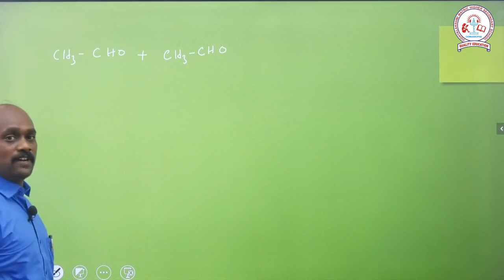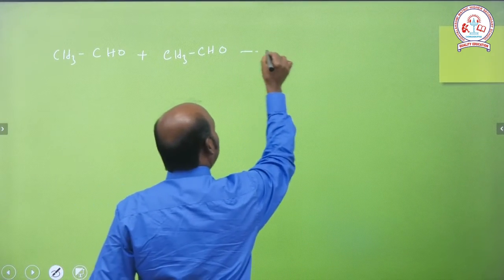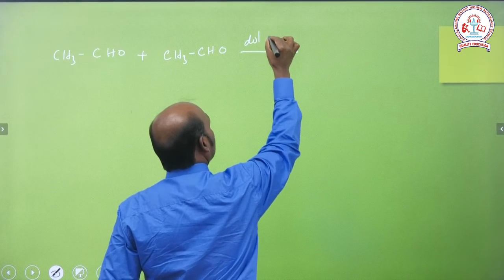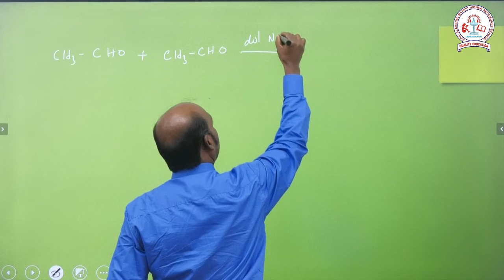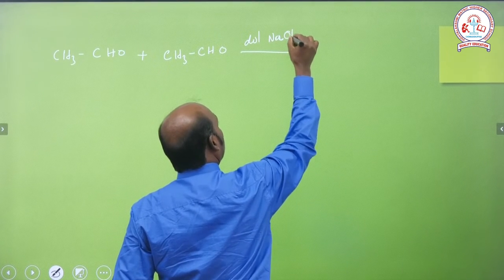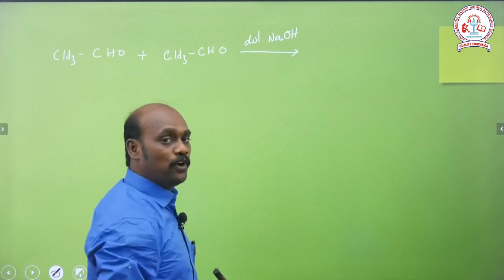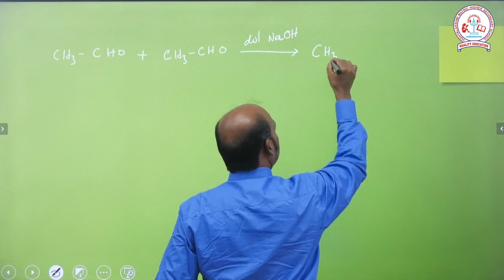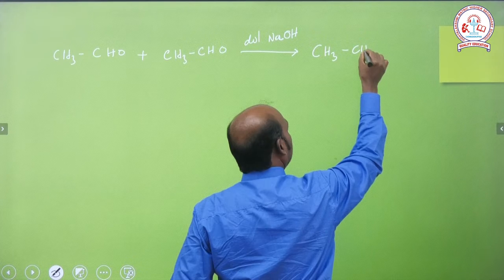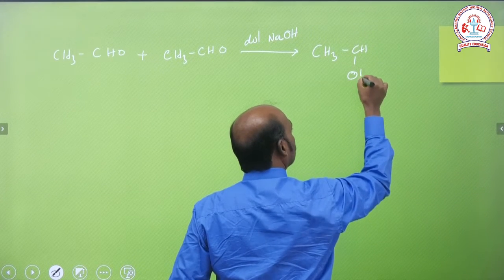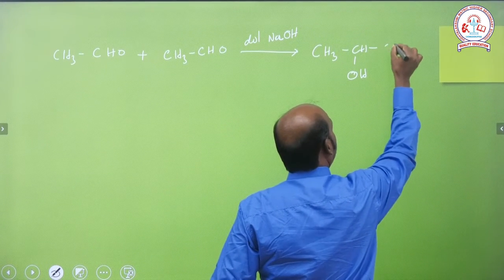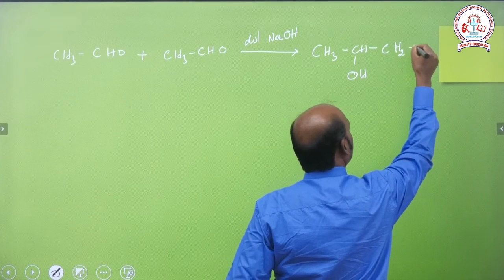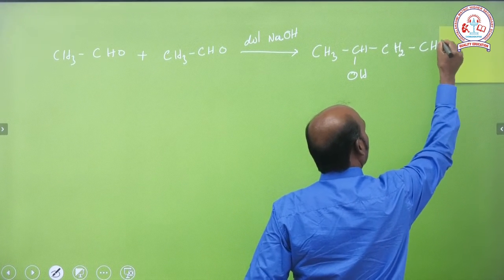Two molecules of acetaldehyde condense in the presence of dilute sodium hydroxide or potassium hydroxide, which forms an aldol, CH3CHOHCH2CHO.